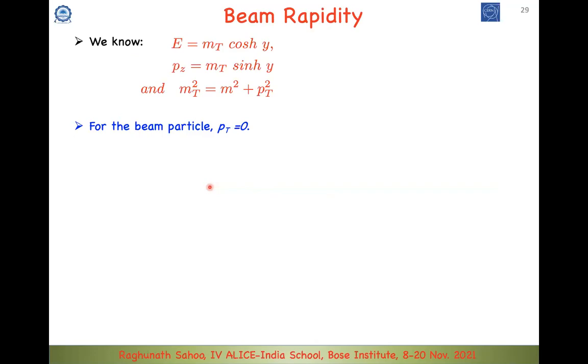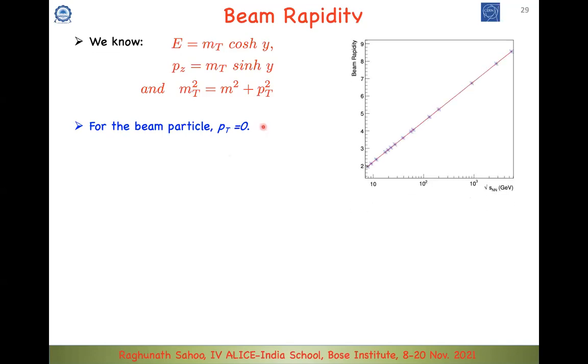Now let me migrate to the beam particle, the beam rapidity. What is the rapidity of the beam? We know the formulas: E is equal to MT cosh Y, PZ is MT sinh Y, and MT squared is M squared plus PT squared. For the beam particle, since it is traveling along the beam axis, the z axis, PT is equal to 0.